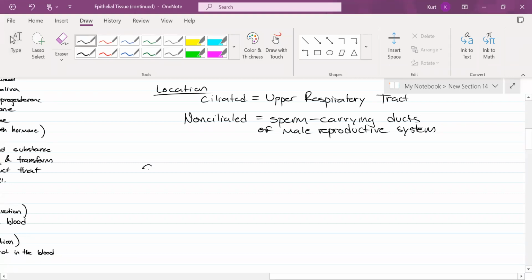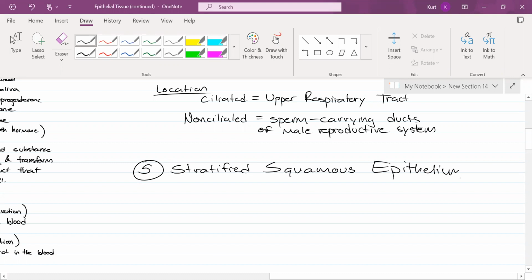Number 5. We have stratified. What does that mean? Multiple layers. Squamous, what do the cells look like? Squashed epithelium. If you all could please look in your textbook, flip over to page 122. There are 2 images of the last 2 tissue types we're doing.